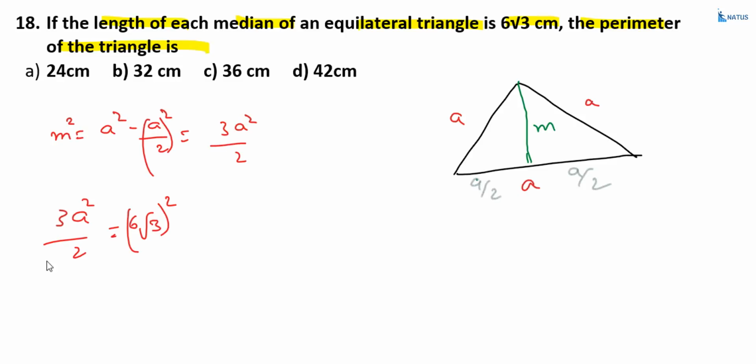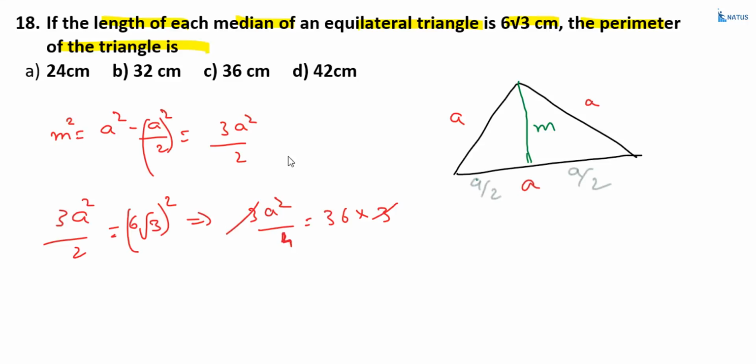Now, that implies 3A square by 4 is equal to 36 into 3. 3 gets cancelled. Right?